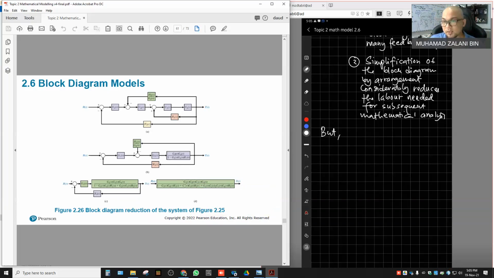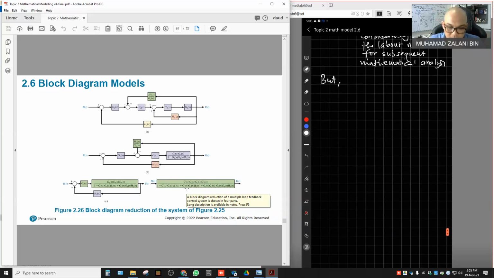And when the transfer function becomes more complex, it should have some more poles and zeros. So there will be new poles and zeros. Maybe this one has single poles, not many. When we simplify like this, it will cause more complication in terms of solving the poles and zeros to analyze the stability of the system. Okay.